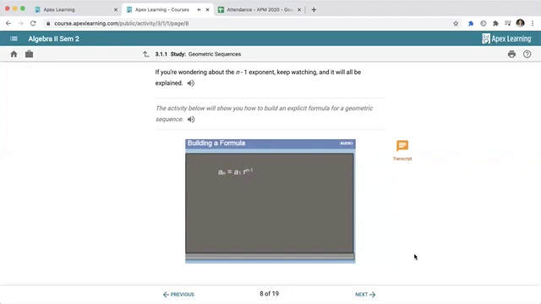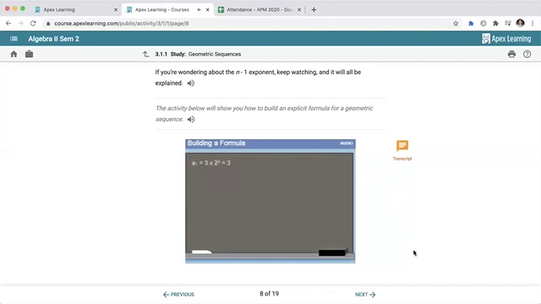Why don't you see why this works? Begin with the following geometric sequence. You can see that the first term, a sub 1, is 3. You should also be able to tell that the ratio between consecutive terms is 2. The first term requires no multiplication.